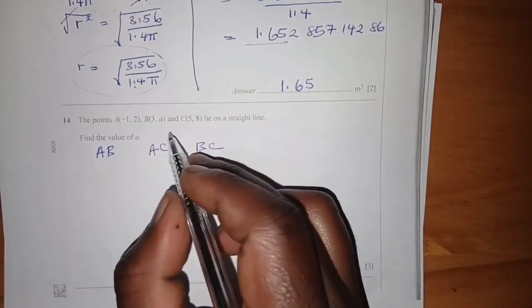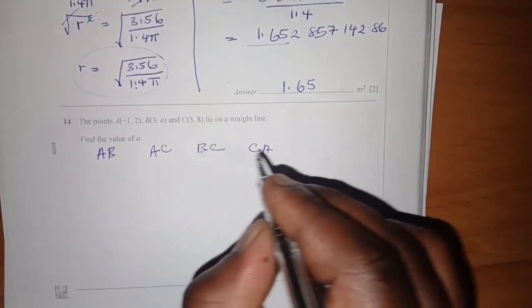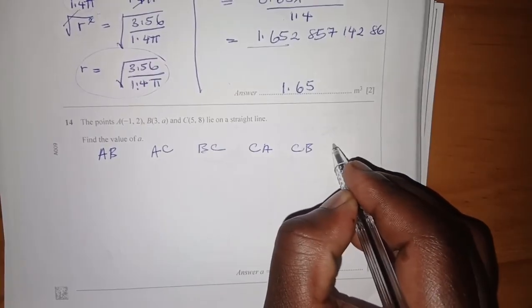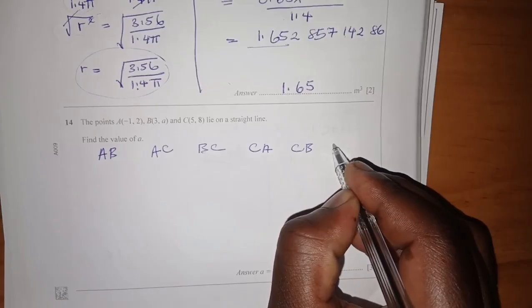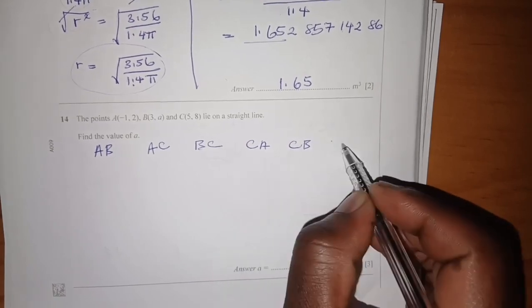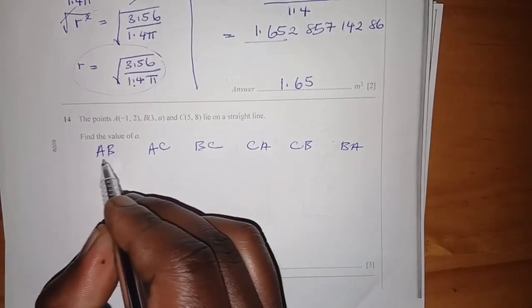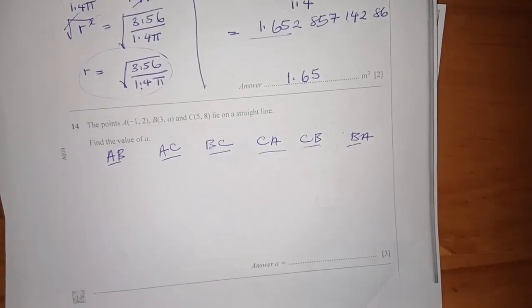Same applies to the line CA, the line CB, and the line BA.